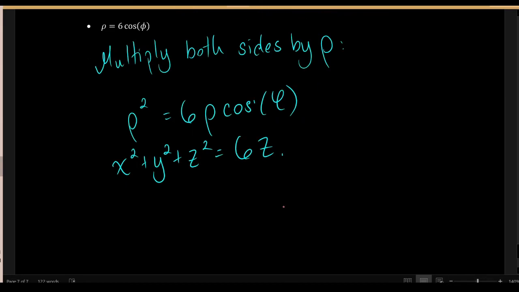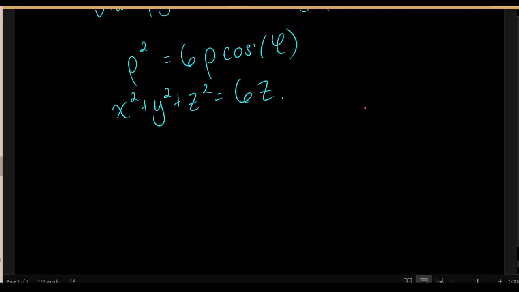Now let's go ahead and take this equation and complete the square. Take half the coefficient of z, square it, add it to both sides so that you can factor.